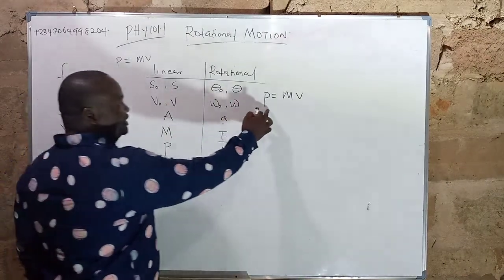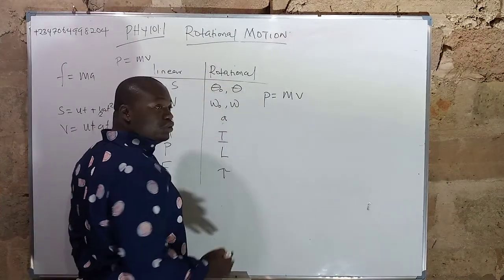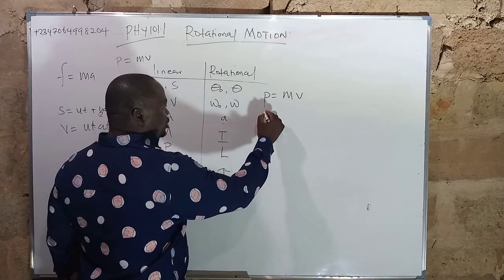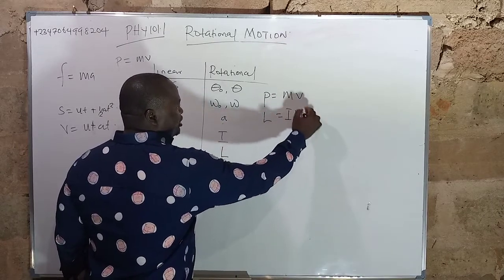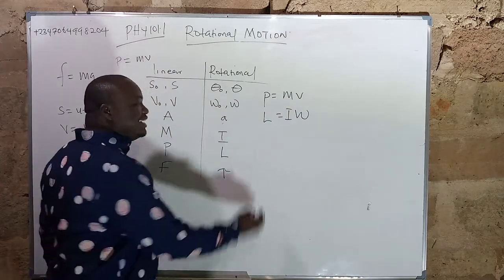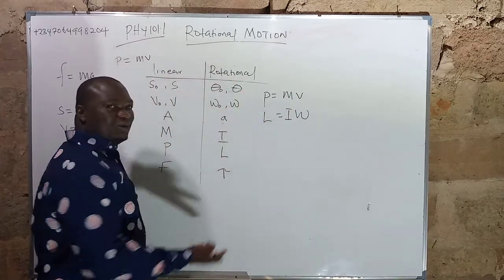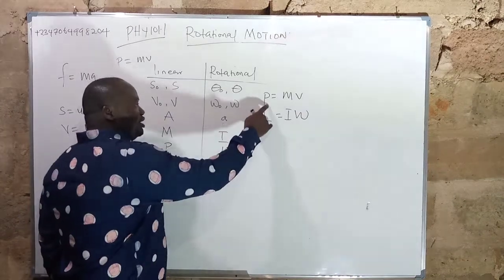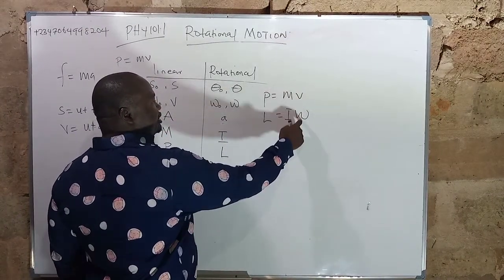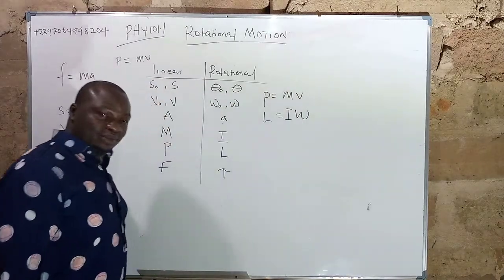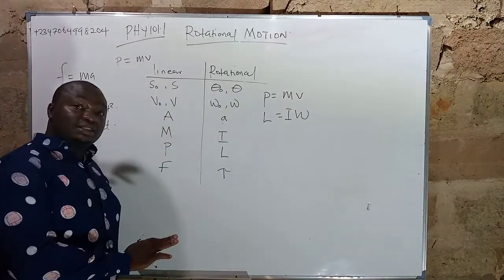If I want to represent the rotational form, this formula will now change to L is equal to I W. If I write it like this, I'm talking about the rotational form, because P is equivalent to L in the rotational, M is I, and this is the angular velocity. Did you see why I'm wasting my time to explain this?